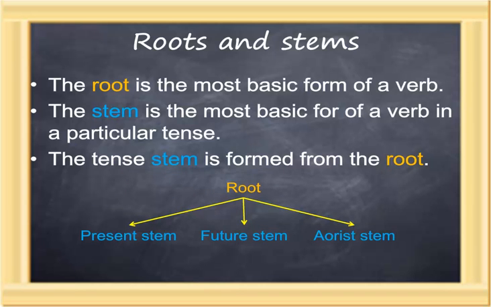In many of the verbs we've learned so far, the tense stem is formed from the root being the most basic form, and slight modifications being made to create the present stem, future stem, or aorist stem.